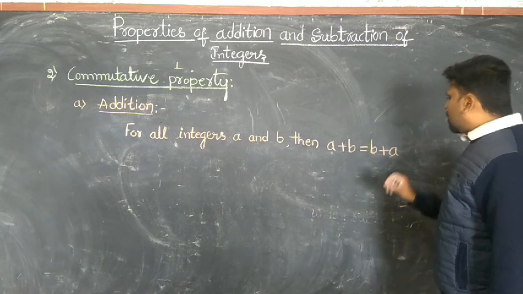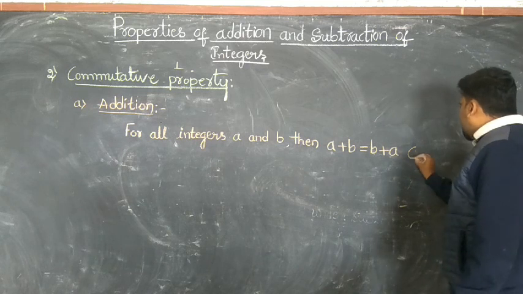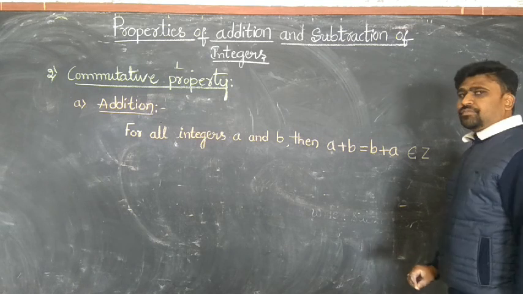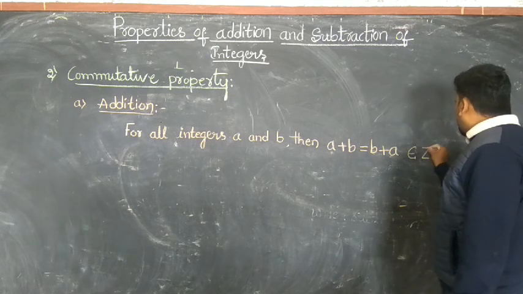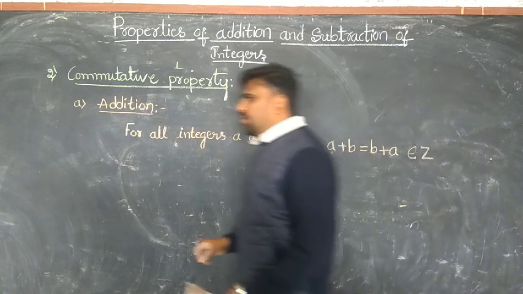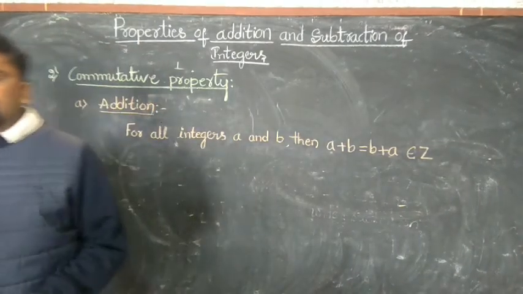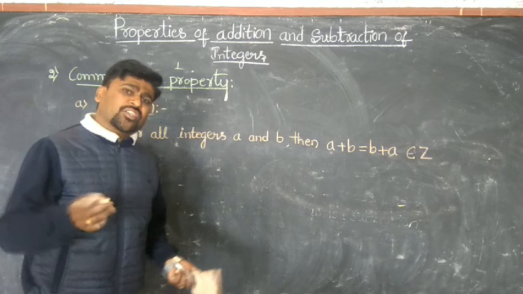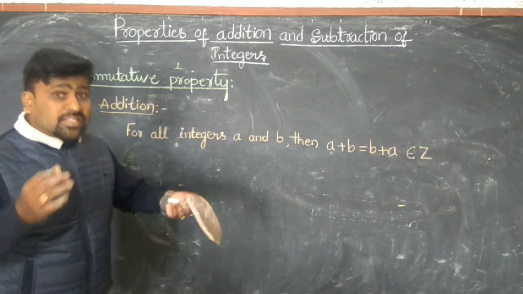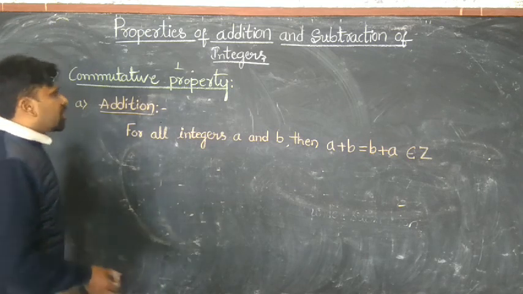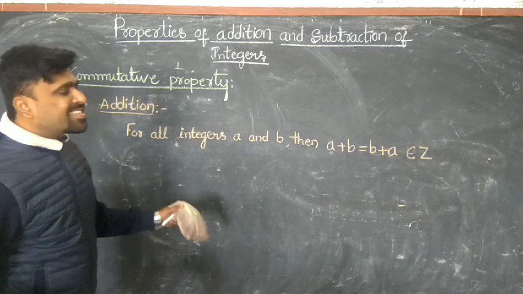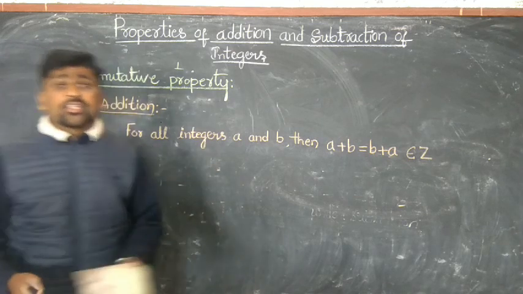A plus B is equal to B plus A. The answer will belong to Z. First add A, then add B. Next, the other way: first B, afterwards A. Let us add both and see. If the answer comes the same, that means it satisfies under addition. Now first we will show that it does not satisfy for subtraction.